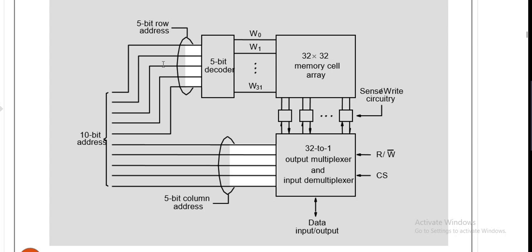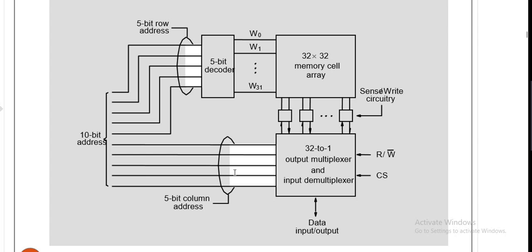When the row address comes to the decoder, it decodes the address, meaning it will take that address and match it, finding out which line to activate, whether it is W0 or W1. Whatever address comes, it activates the corresponding row. That is the first step. That particular row gets activated.